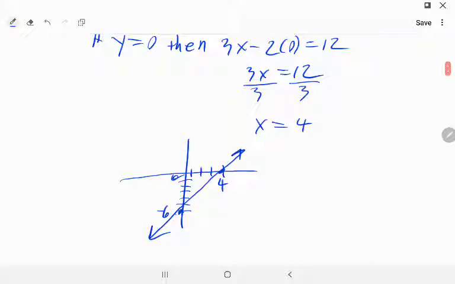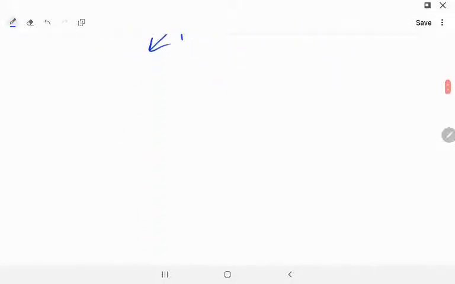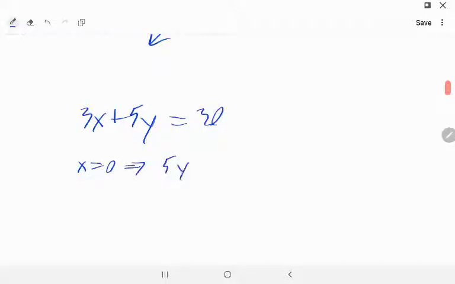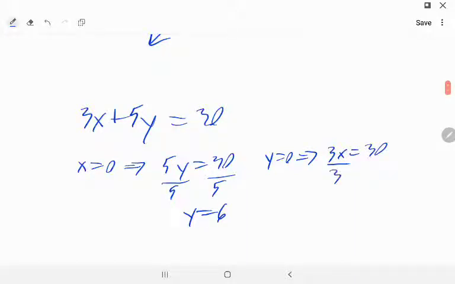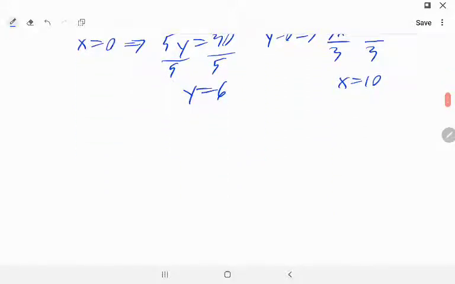So we can do that with pretty much anything. We notice that any linear equation in two variables, if we had 3x plus 5y equals 30, x equals 0 tells us that 5y equals 30, so y has to be 6. y equals 0 tells us that 3x equals 30, divided by 3, x is 10, and so we can plot our points.